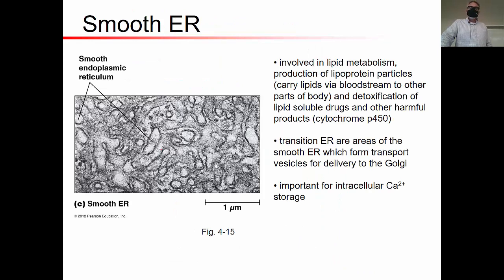Okay. So the smooth ER, again, it's important for lipid construction, but also lipid metabolism, including production of what are called lipoprotein particles. So lipids, because they're hydrophobic in nature, we can't really move them around easily.